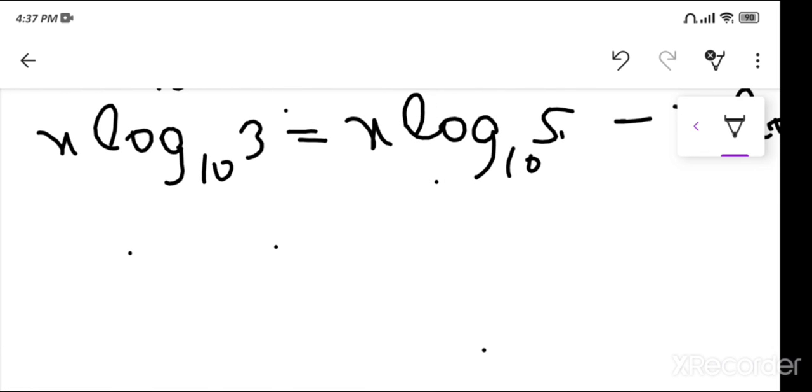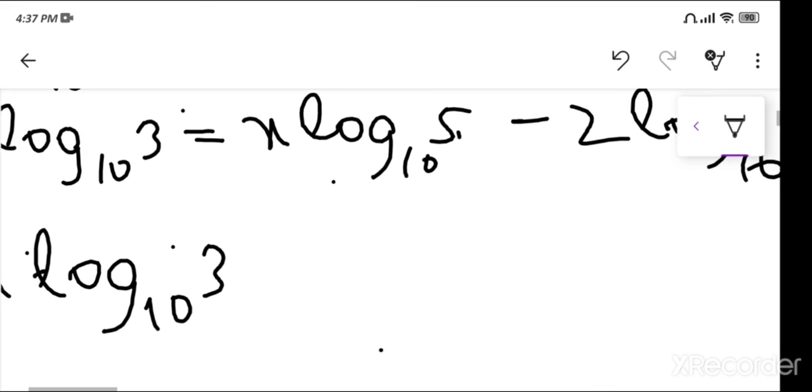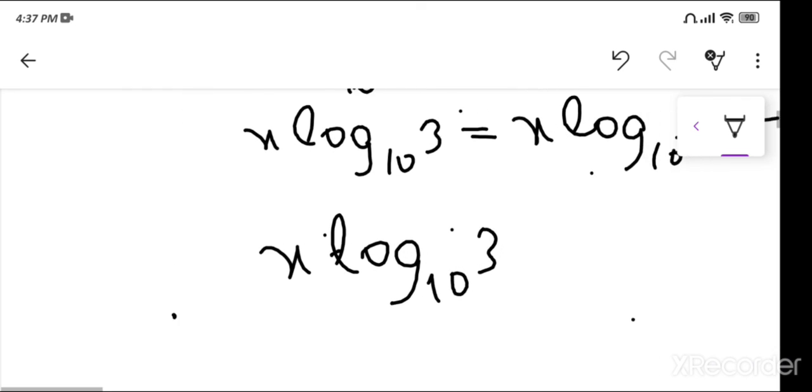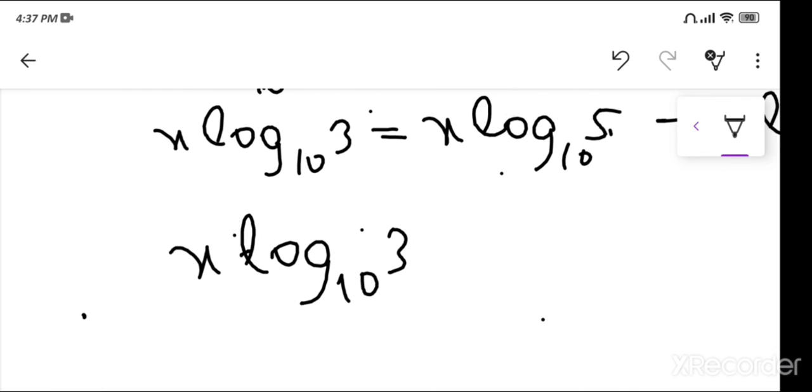Nice. Now how are you going to simplify this? Just take all the x terms to the one side. So x log 3 to the base 10. Okay, I'm going to take the 5 beside this thing because it is the bigger one. So log 10 5.